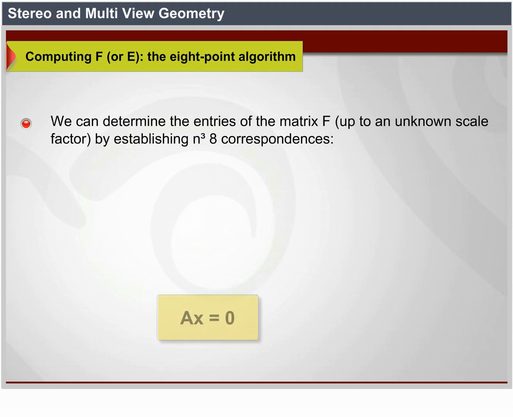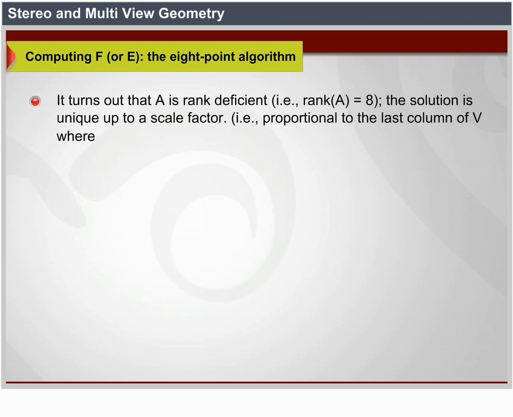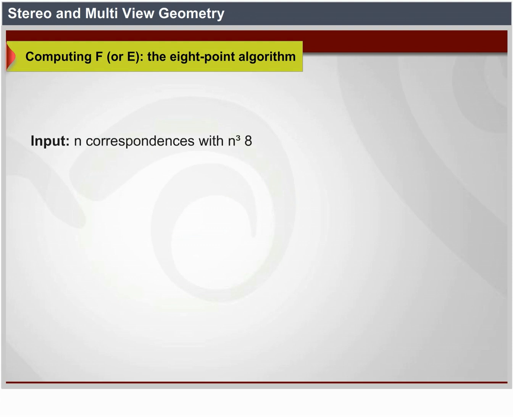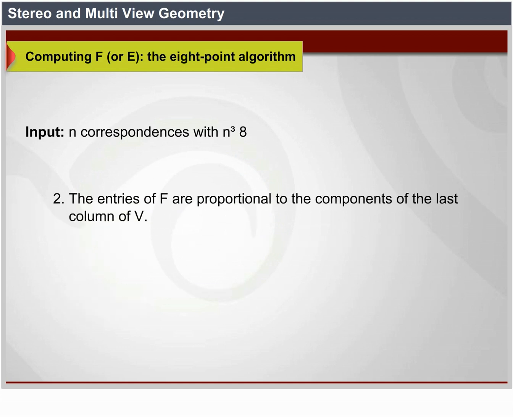It turns out that A is rank deficient, that is, rank A equals 8. The solution is unique up to a scale factor, and is proportional to the last column of V, where A equals UDVT. Input n correspondences with n greater than or equal to 8. Construct the homogeneous system Ax equals 0, where A is an n by 9 matrix. Suppose A equals UDVT is its SVD. The entries of F are proportional to the components of the last column of V.